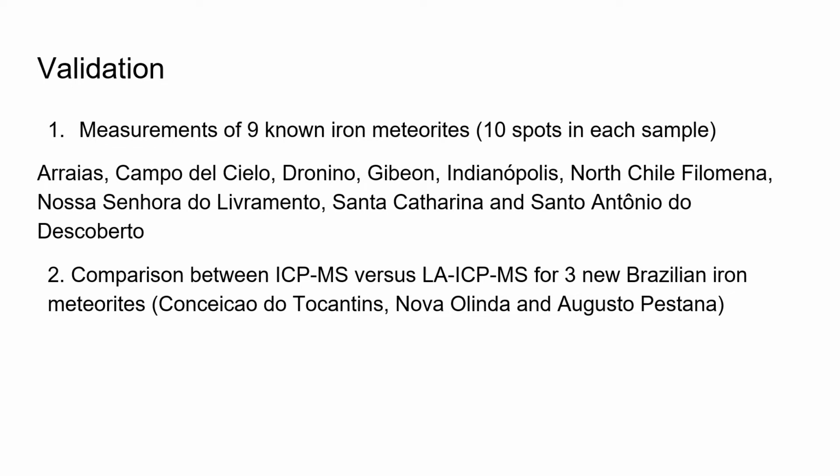In the second step, we analyzed 3 new Brazilian iron meteorites using our procedure and sent these samples to be analyzed in solution mode by ICP MS after chromatographic separation at Alberta University.